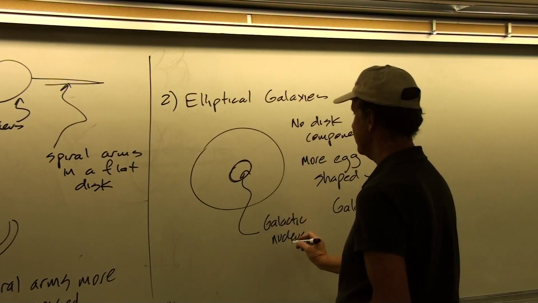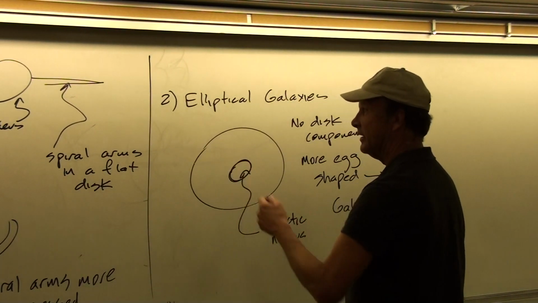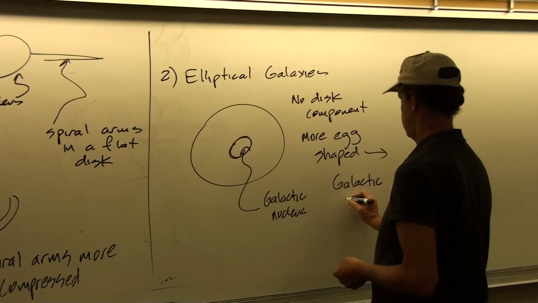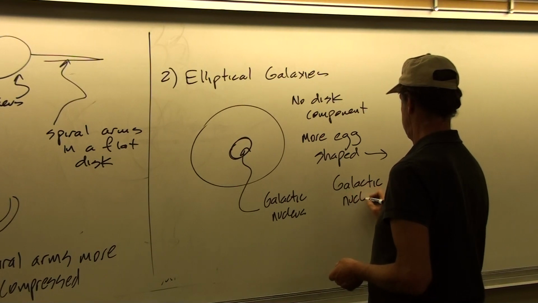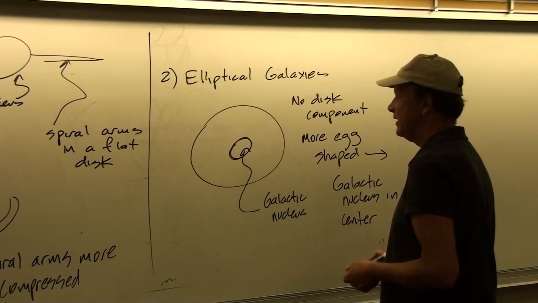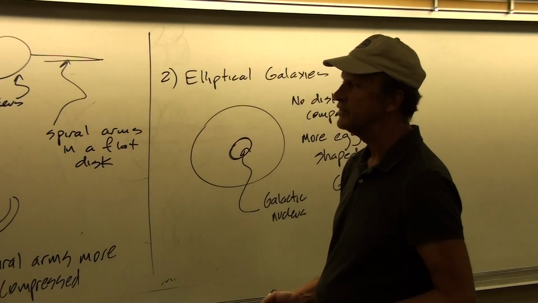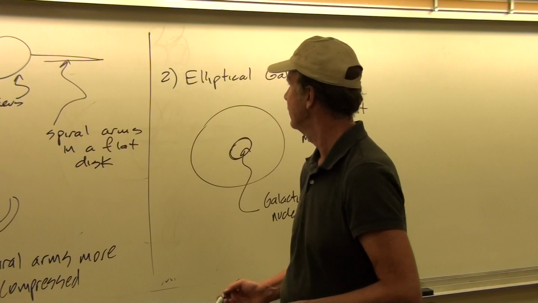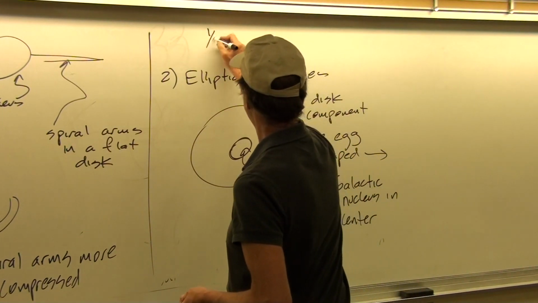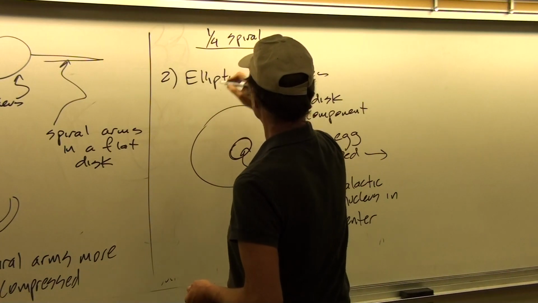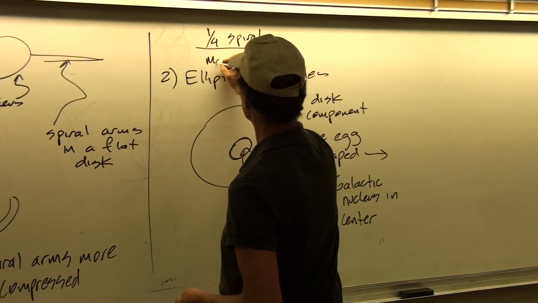And quite possibly an even bigger black hole than we find in spiral galaxies. Now, when we look at the percentage of these things, we find that maybe only a quarter of all galaxies are spirals. And so the majority are elliptical galaxies.